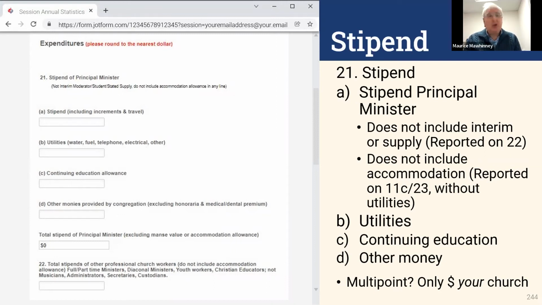But again, do not include any housing allowance or allowances that are paid to them for that. And do not include church secretaries, organists, office administrators, etc. They all go on to line 23.